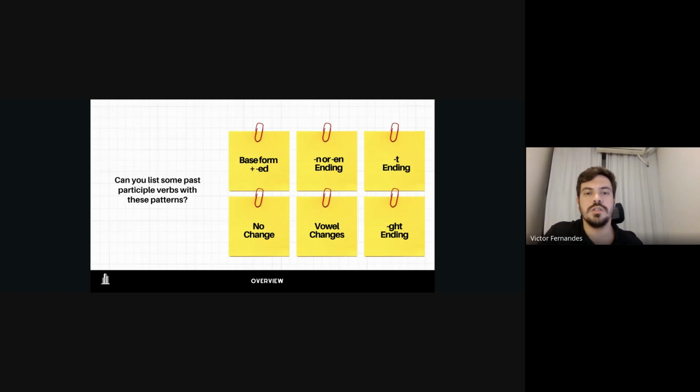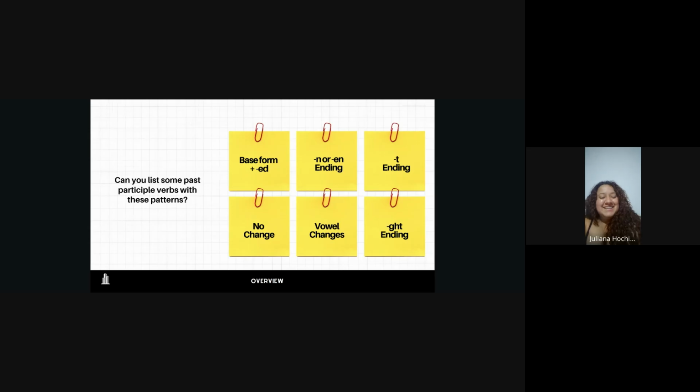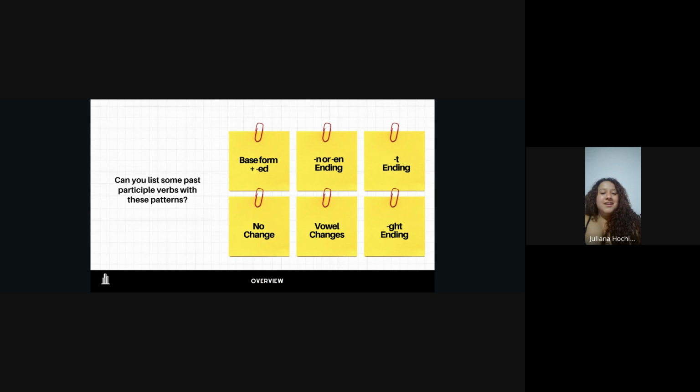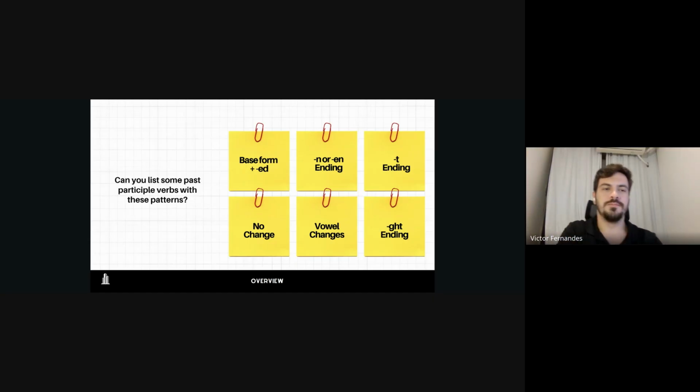I think the one that students remember first is this one, the GHT. Because they think about bought, thought first. Because they want to say, oh, I think this is nice, and then they want to say that in the past, and then they go for that one.